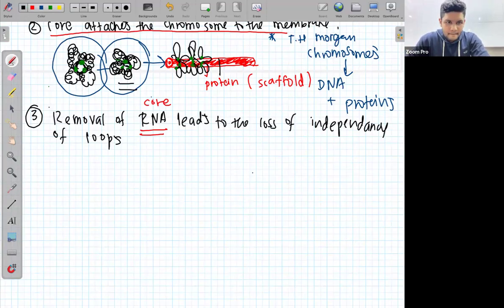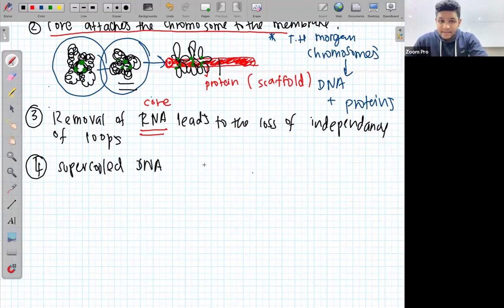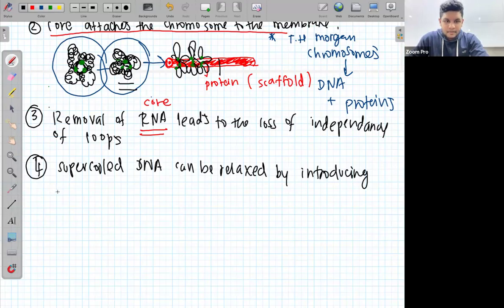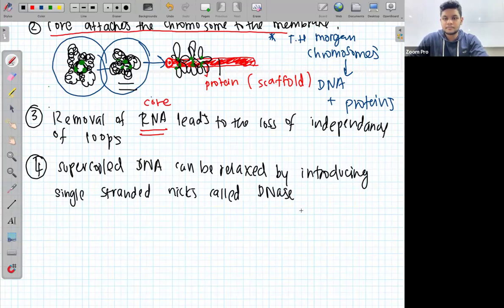Now, the fourth one. We are saying that the supercoiled DNA can be relaxed by introducing single-stranded nicks called DNAs, right?